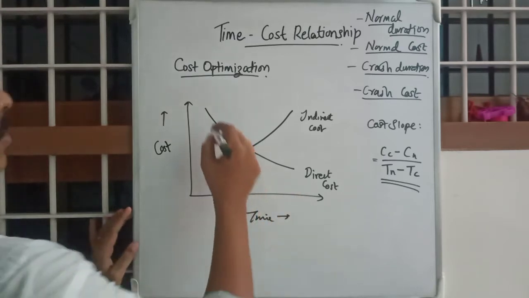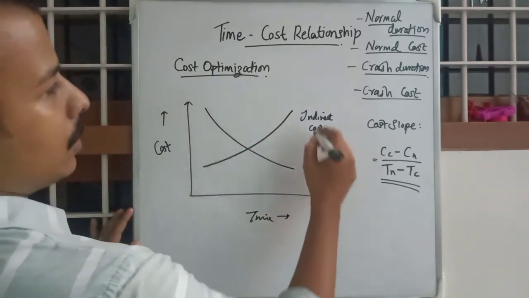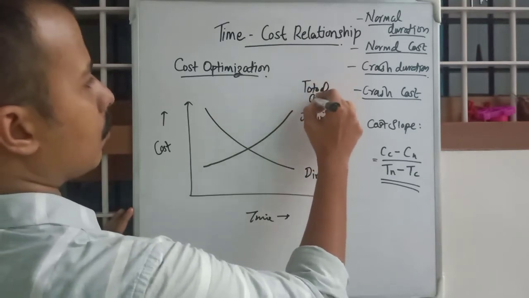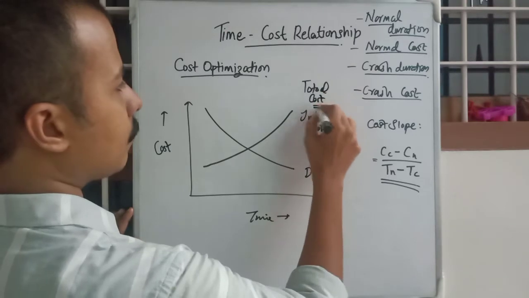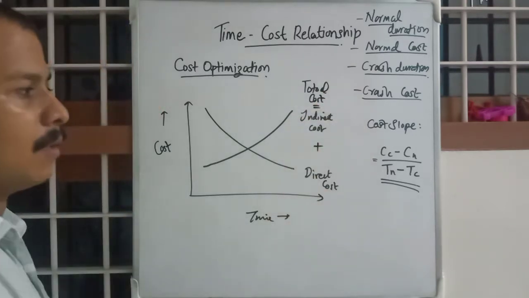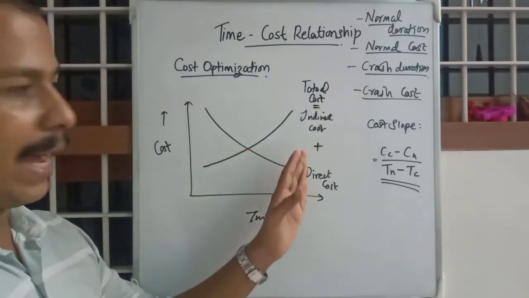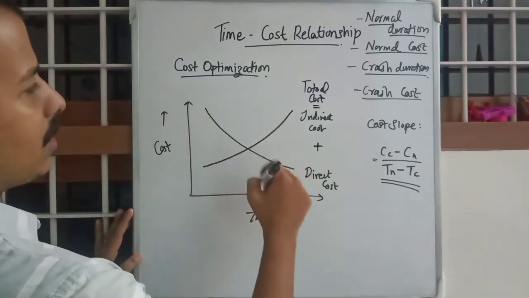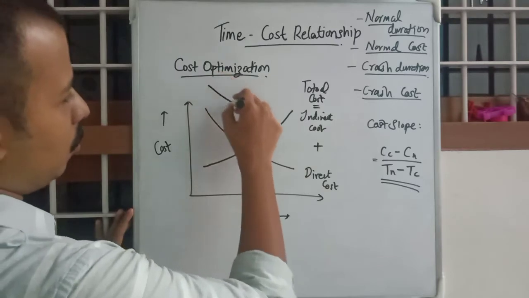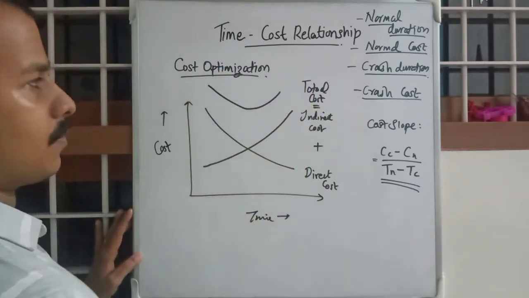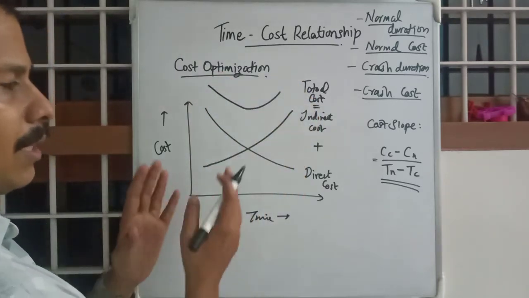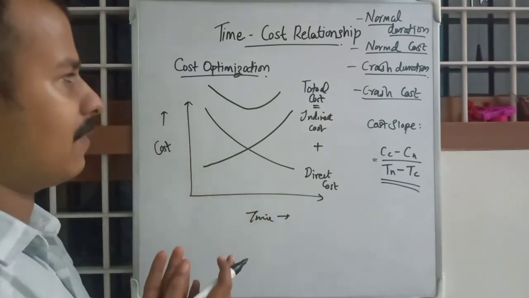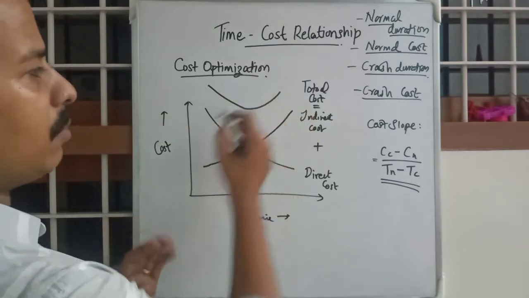Okay, so as we know, total cost is obtained by adding direct and indirect cost. You can just add up these values, so you will be getting something like this. It is evident from the figure, though it may not be accurate in exact trends, that you will be getting an optimum value.